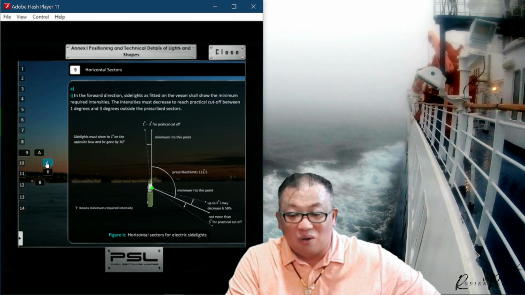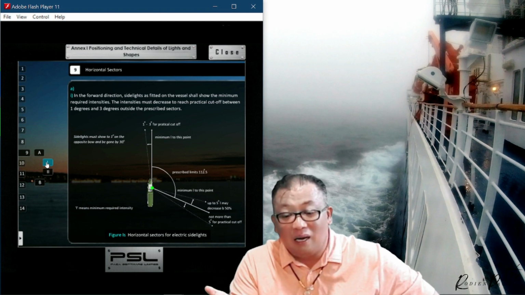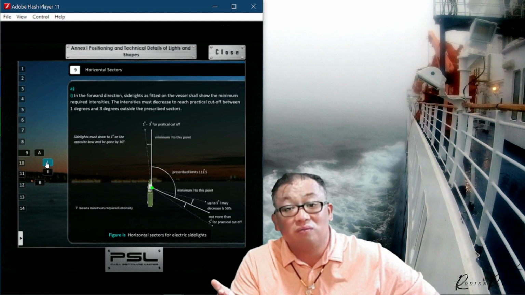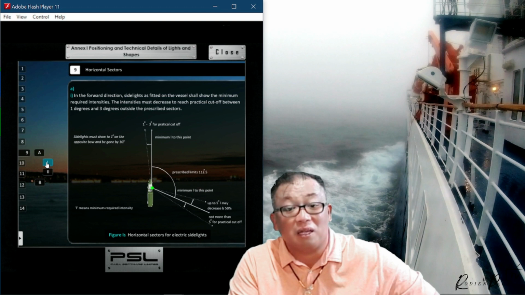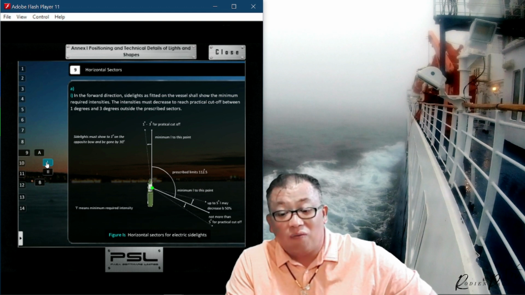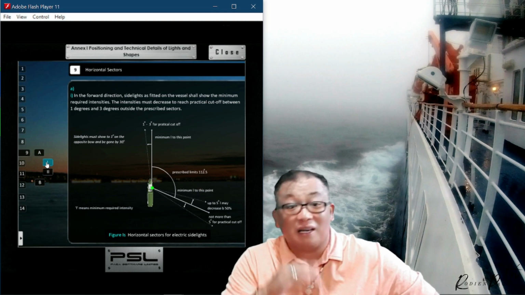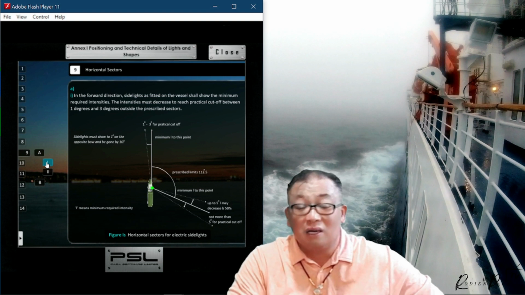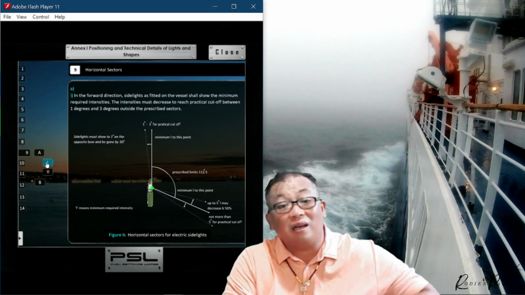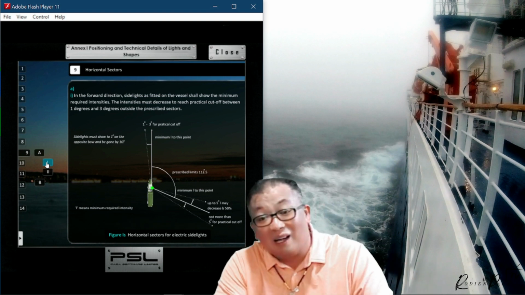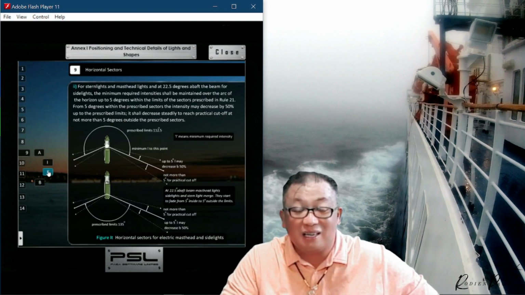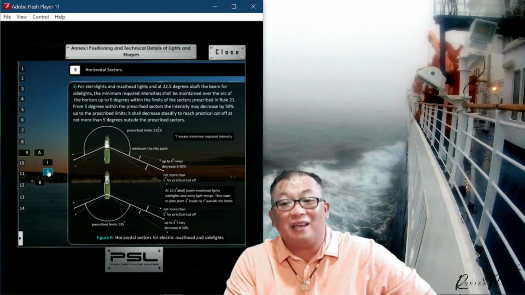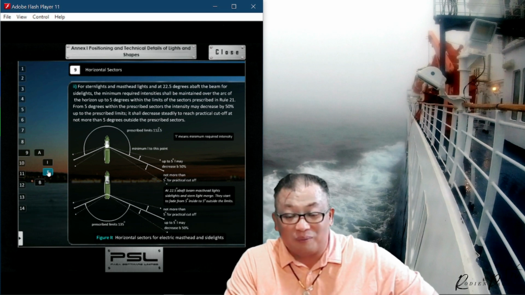Okay, so there is a practical cutoff of another 5 degrees, so it will become 112.5 plus 5, 117.5 degrees for a practical cutoff for a side light. If it is true with the starboard side light, for green, it is also true with a red side light. Okay, so this is what subsection 9 alpha 1 talks about.